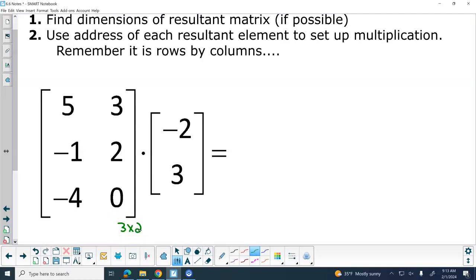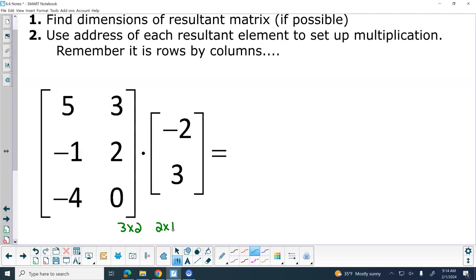Dimensions of the right matrix: 2 rows, 1 column, 2 by 1. Can I multiply these two matrices? Yes, I can. What will the resulting matrix be? It's going to be a 3 by 1, right?